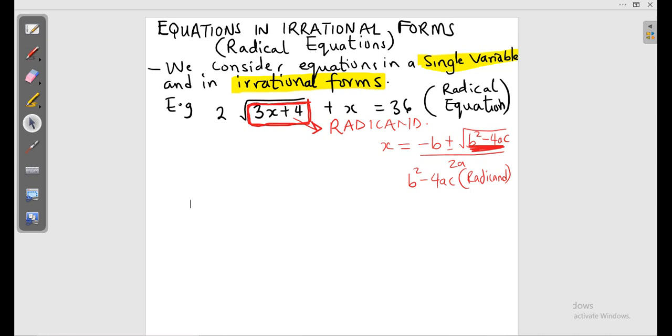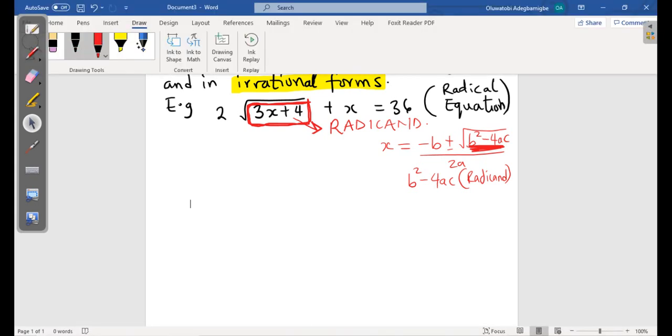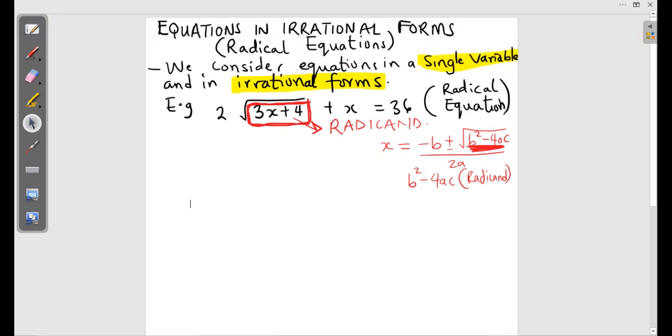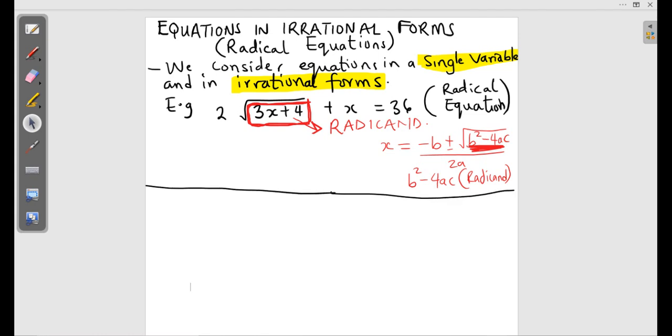Now, let's try to solve this example above, and let's see how we solve radical equations. Very easy, and I want you to please follow me as I take it one step at a time. Now we have 2 roots 3x plus 4 plus x is equal to 36.